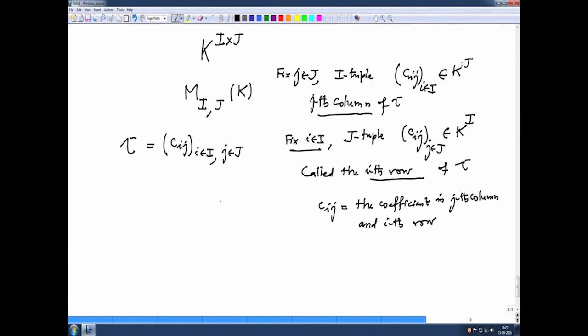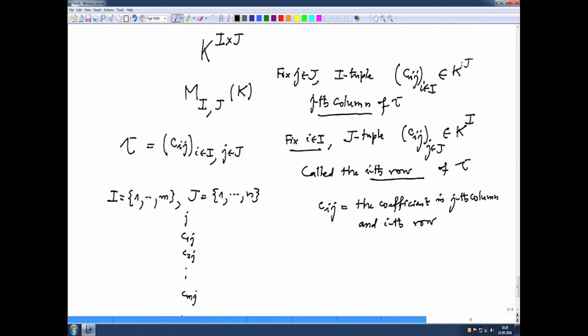Pictorially it is usually written like this. Let us take a simple case where I is a standard indexing set, 1 to m, and j is 1 to n. Then the jth column starts with C1j, C2j, etc., Cmj.